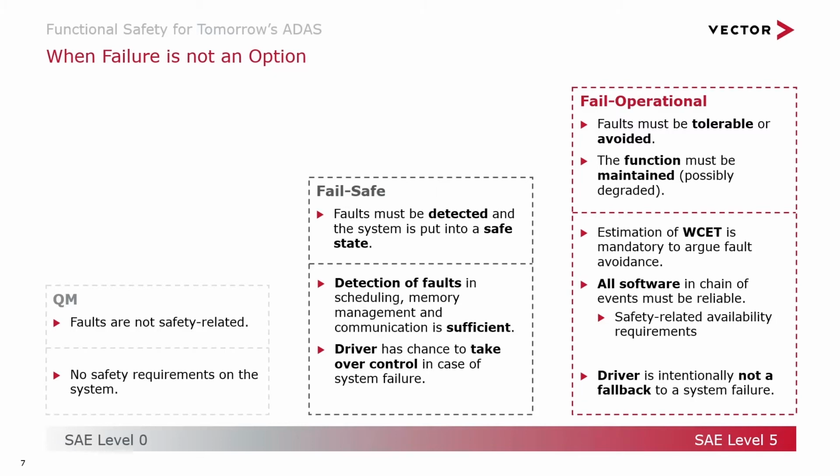So we must have, for example, a graceful degradation method where the ADAS function, the driver level function, must be maintained even in the presence of faults in the hardware or in the software. And in this mechanism, the driver is intentionally not a fallback. So we have to either rely on additional software or additional hardware mechanisms in the event of faults, but we can't rely on the driver anymore.